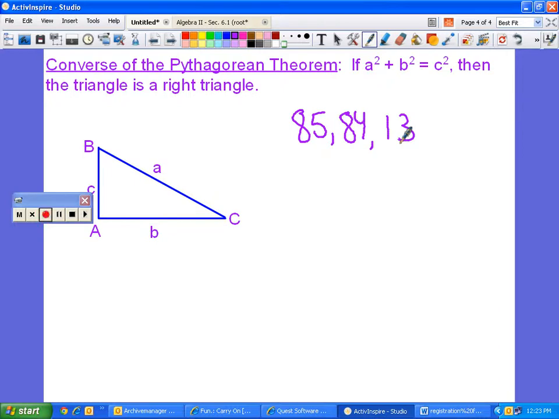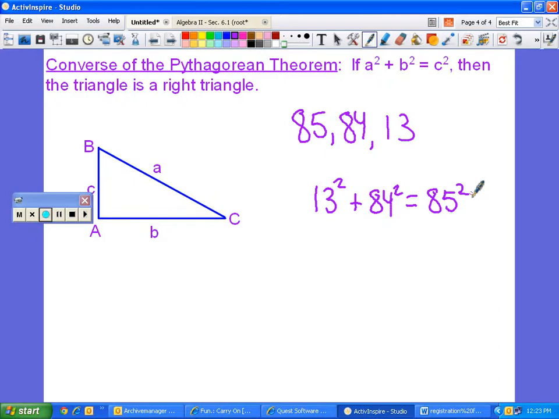Well, how do we know? We have to set it up in the Pythagorean theorem and see if it makes sense. The only one we need to know is where the hypotenuse goes. Which is the hypotenuse of these three values? 85. So I say 13 squared plus 84 squared is equal to 85 squared. I plug each of those three numbers into my calculator, and I see if it makes sense.